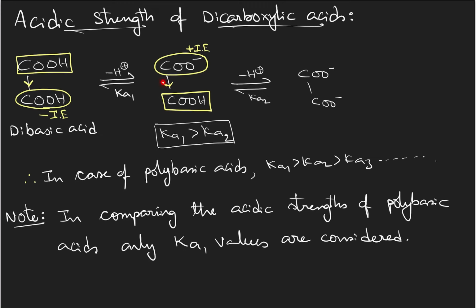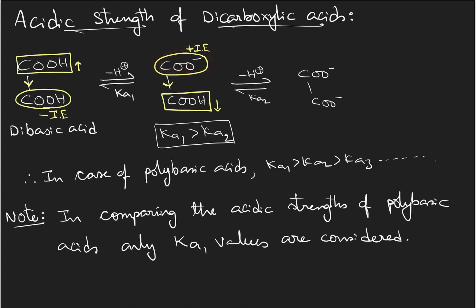So therefore, this positive inductive group, by donating its electron density, will decrease the acidic strength of the second COOH group.